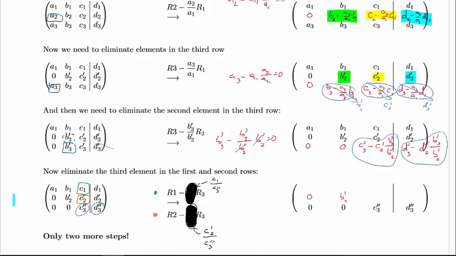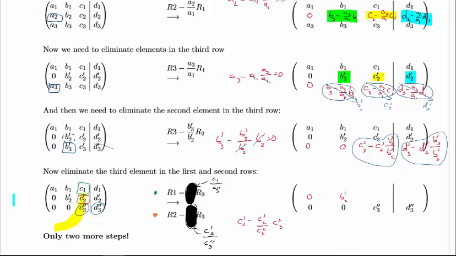Now we're going to look at this operation right here, and let's work it off on the side for a second. This is this operation here, so whatever's in R2, which is C2 prime, minus C2 prime divided by C3 double prime multiplied by C3 double prime, because that's what's in R3.